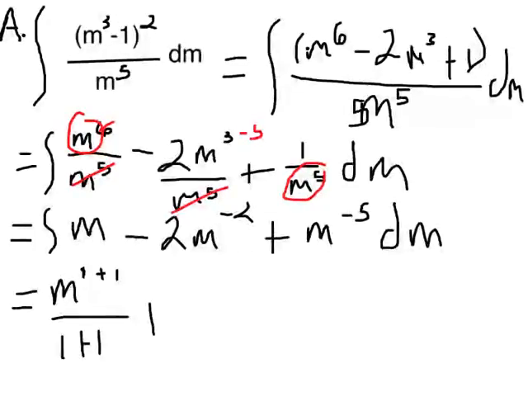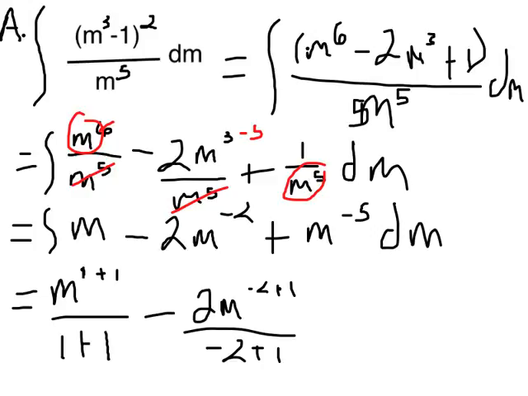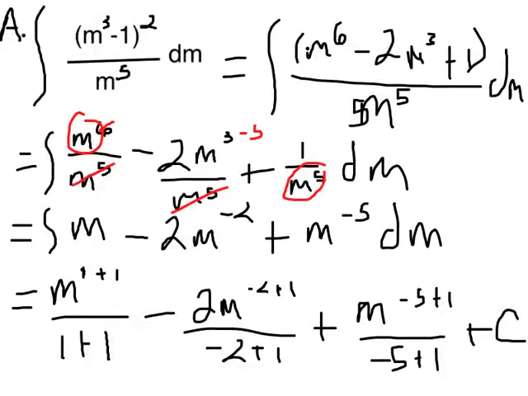Then we do that again with the 2, and we get negative 2m to the negative 2 plus 1 over negative 2 plus 1, plus m to the negative 5 plus 1 over negative 5 plus 1, and always add a plus c.